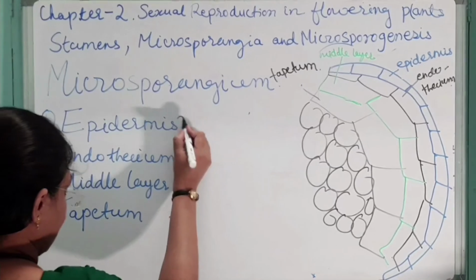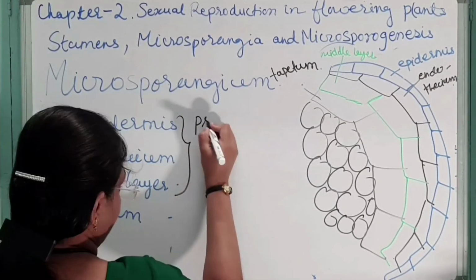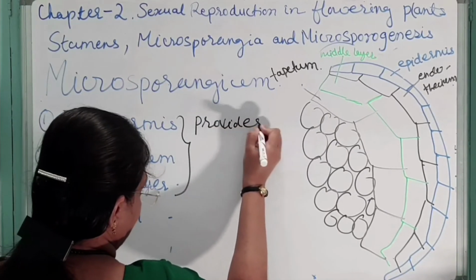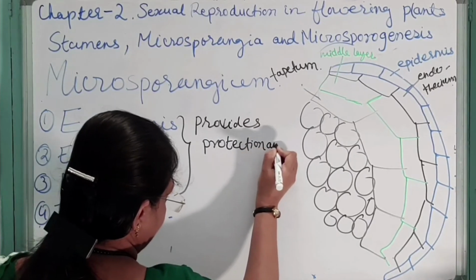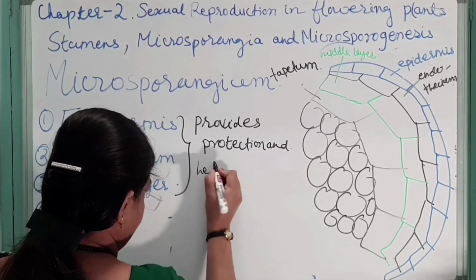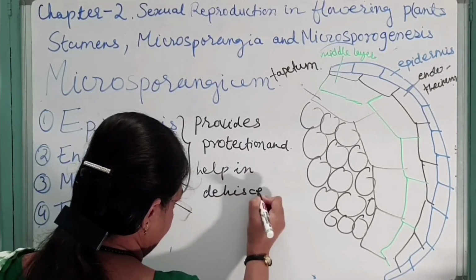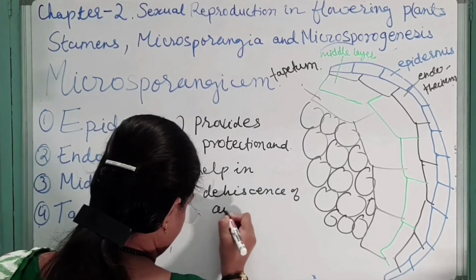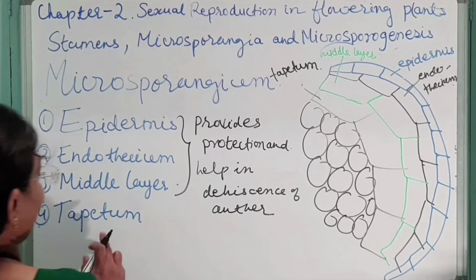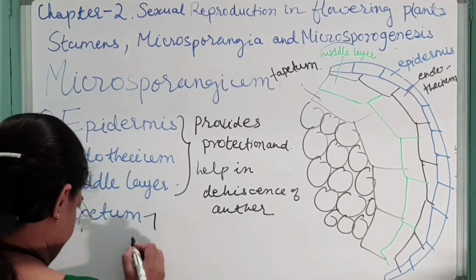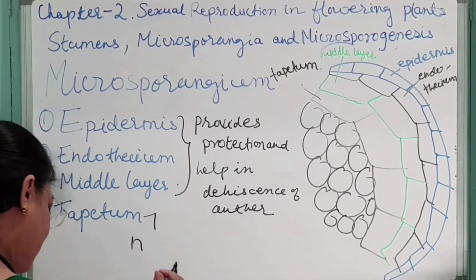Now let's see the function of these layers. Okay, so these 3 layers, epidermis, endothecium and middle layer, provide protection and help in dehiscence of anther, means breaking of the anther to release the pollen grains. The fourth layer, tapetum, nourishes the pollen grains when they are developing.